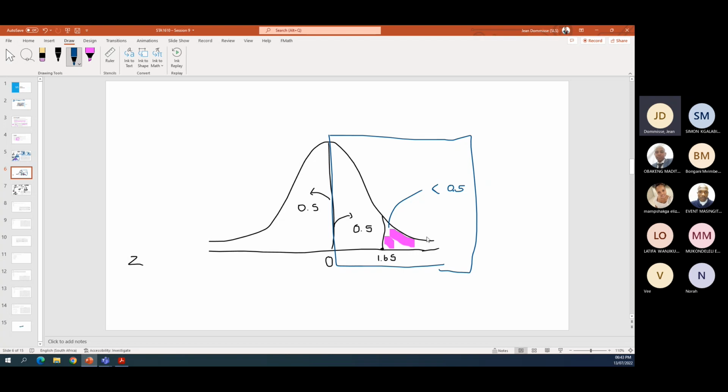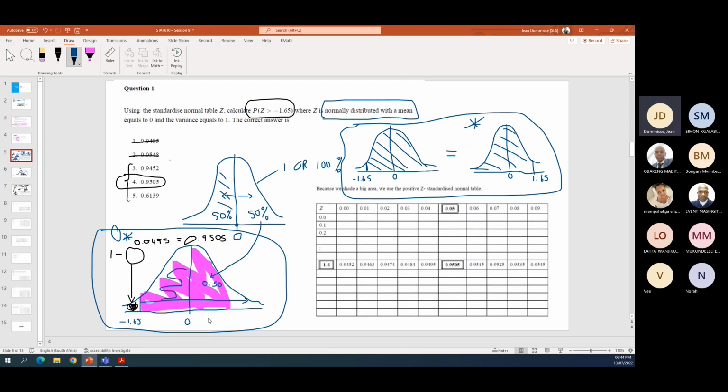So if one of the answers is maybe 0.65, I can say it can't be, because my answer must be smaller than 0.5. I don't know what the answer is yet, but at least I can eliminate that option because it needs to be smaller than 0.5.